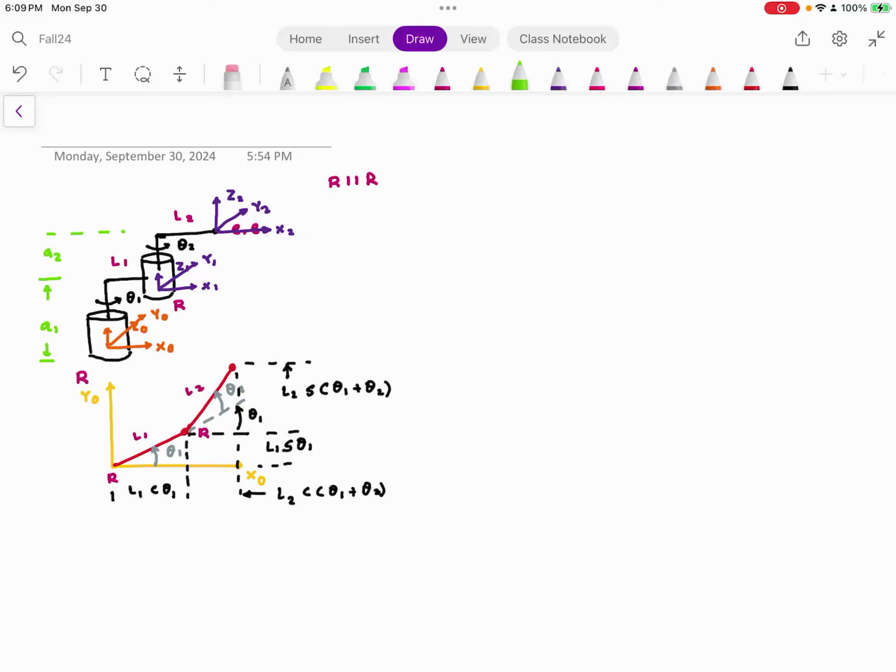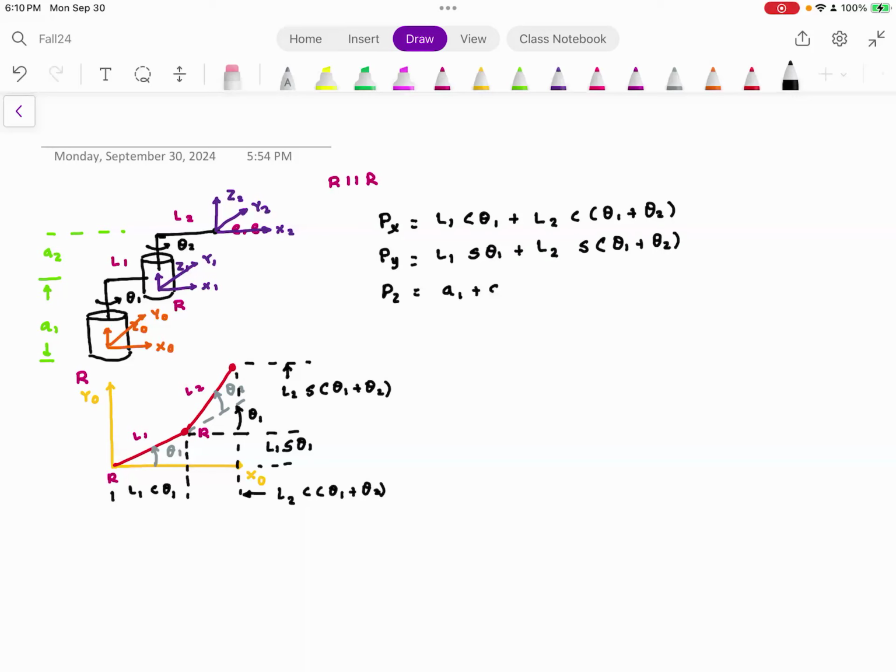So the end effector position Px will be given as L1 cosine theta 1 plus L2 cosine theta 1 plus theta 2. Py is given as L1 sine theta 1 plus L2 sine theta 1 plus theta 2. And last but not least, Pz, which is the end effector position about Z0, is going to be A1 plus A2.